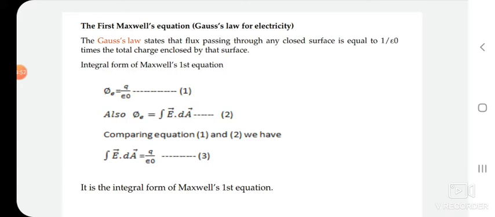Okay, so let us start with the first derivation. Today we are going to derive Maxwell's first equation. It is also known as Gauss law for electricity.